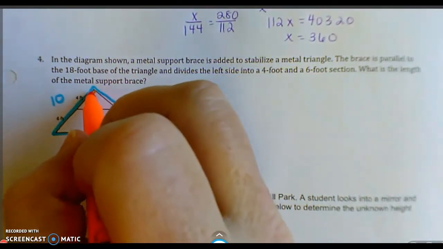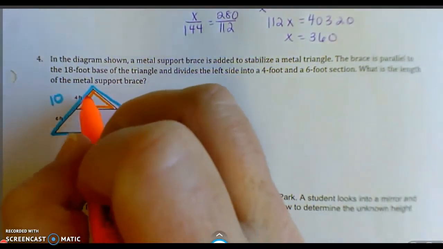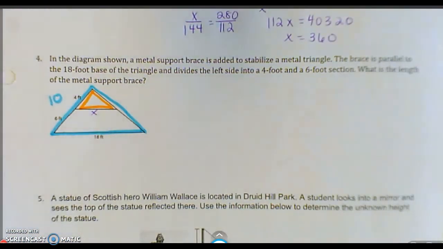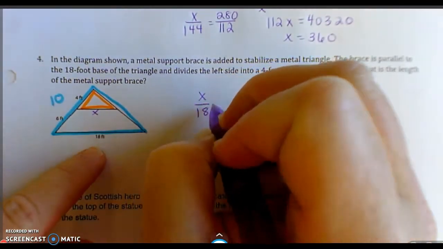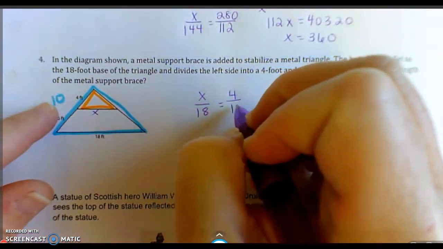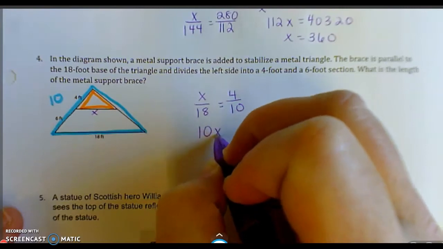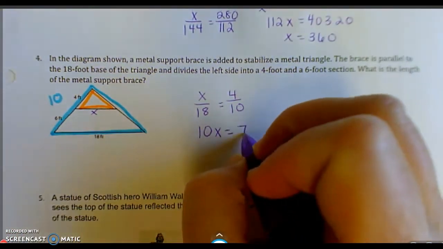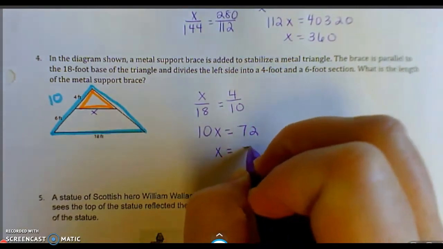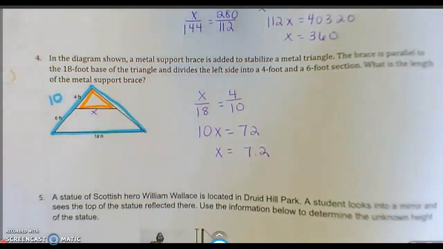And because I'm looking for x, I'm looking at this little triangle, so 4 and x are the things I need there. So here's how I'm going to set that one up. I will do x over 18 equals 4 over 10. Cross multiply, so 10x equals 18 times 4, which is 72. Divide by 10, and we get 7.2.